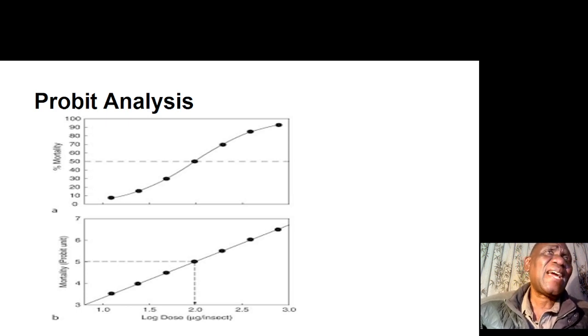So the first graph more or less shows what we were seeing in the first graph. But if we convert the percentage to a probit and the dosage to a log, we get a straight line, as indicated by the last graph.